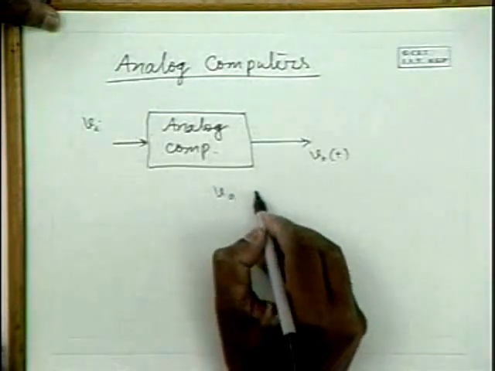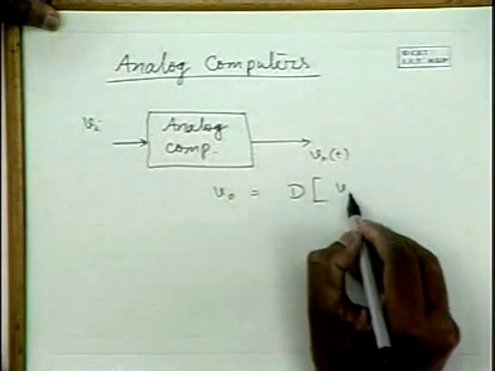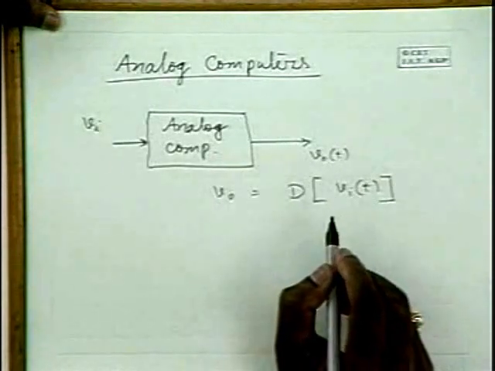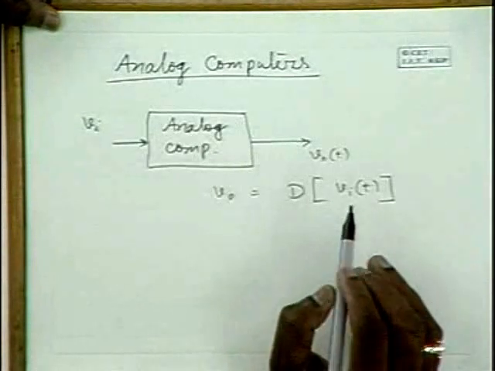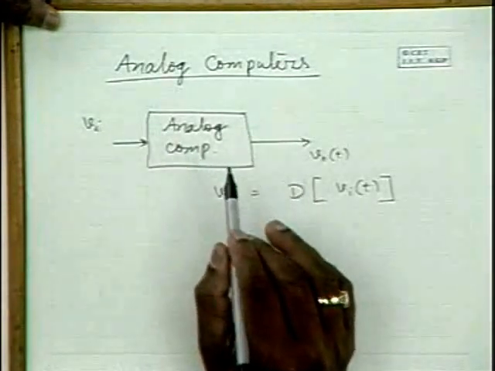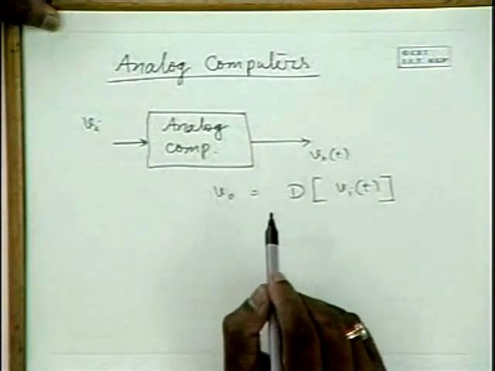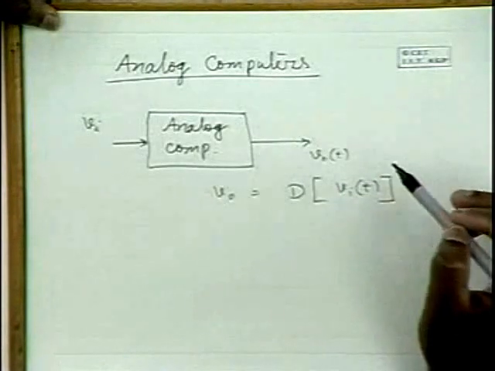Now if the relationship between V naught and Vi(t), the input-output relationship, is a differential equation, then an analog computer circuit can be formed from the differential equation, and for different inputs you will get different outputs.